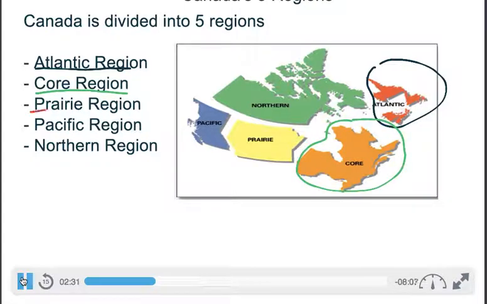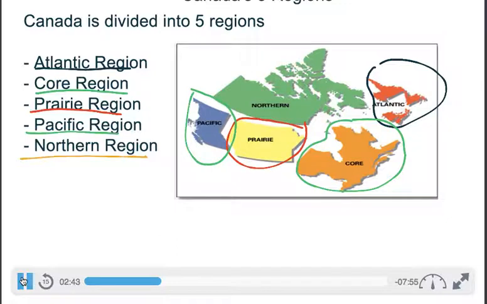Next one you have is the prairie region. That's found there. Next one is the Pacific region. That's this one here. And last but not least, you have the northern region, and that's found up above in the north. So Canada has 5 regions.